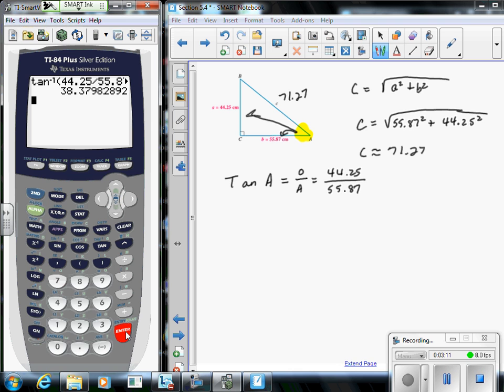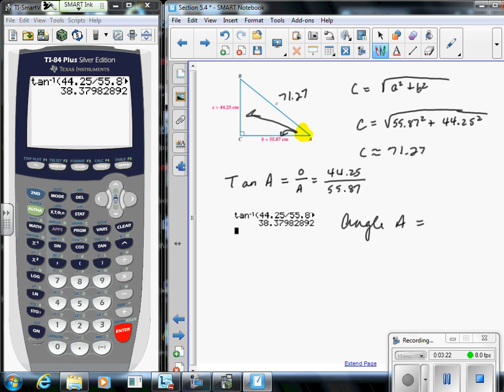When I hit enter, it tells me that angle A is 38.38 degrees, rounding to 4 significant digits. That's angle A. Therefore, angle B must be 90 minus 38.38 degrees, and I find that B is 51.62 degrees. So now I've solved the entire triangle. I know every side and I know every angle.